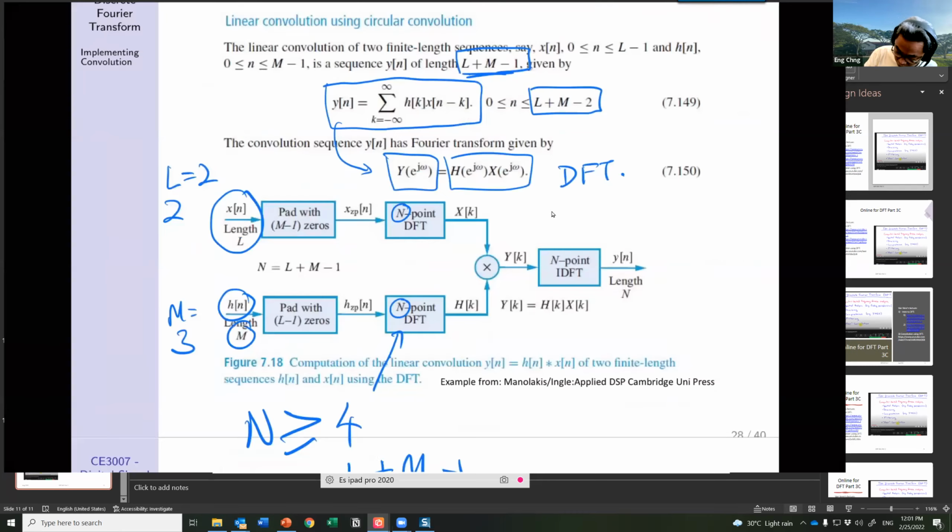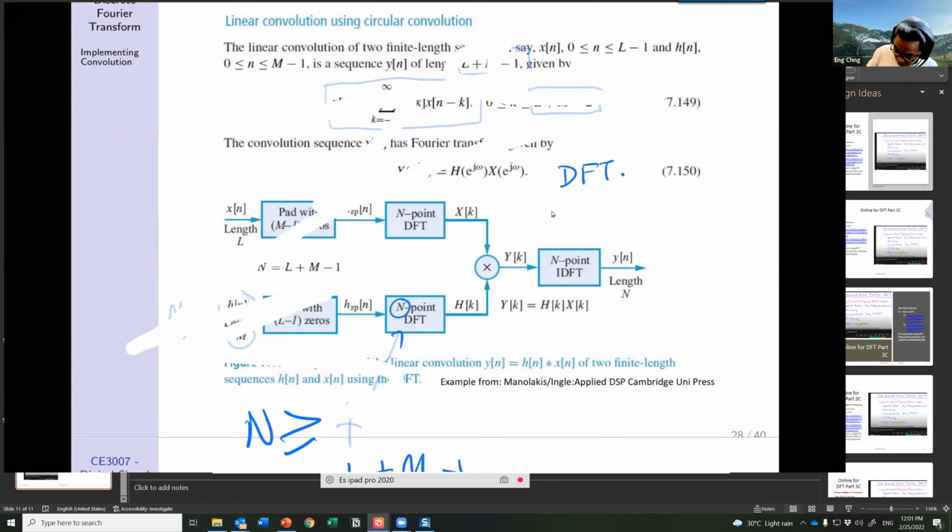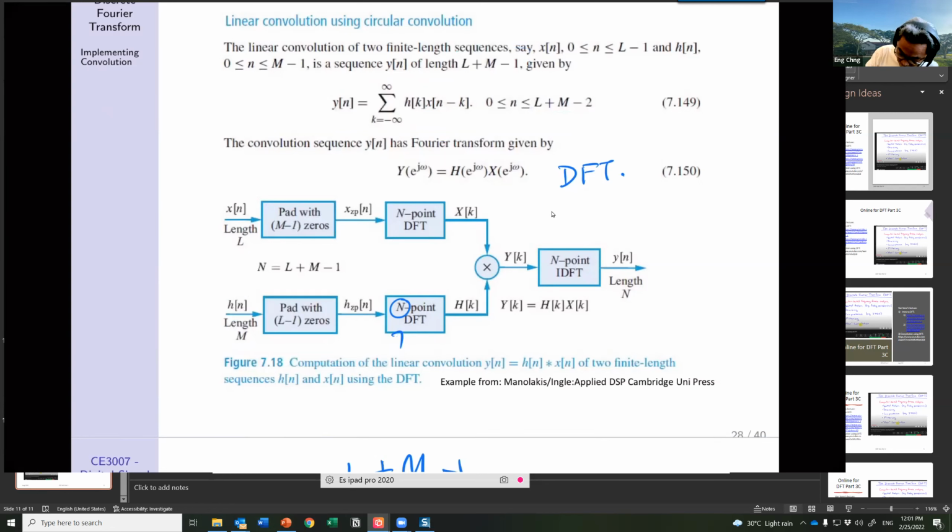So with that knowledge, originally my x was 2 points, right? So my N-point DFT was how many? It was 4 points. So I have to pad how many zeros? I have to pad 2 zeros. So it must be 1, 2, 0, 0 for my x. What about my h?